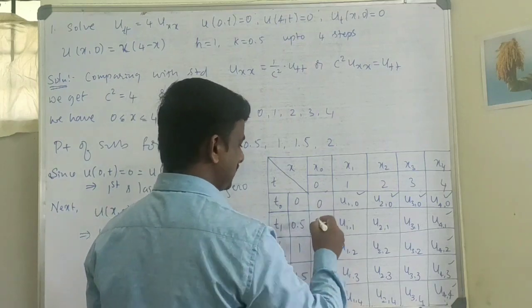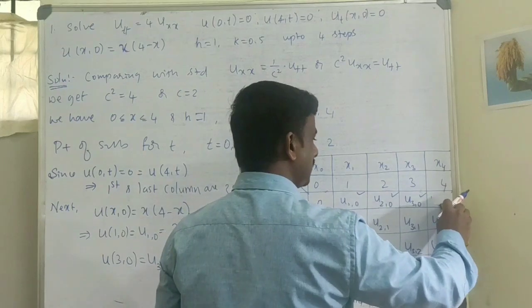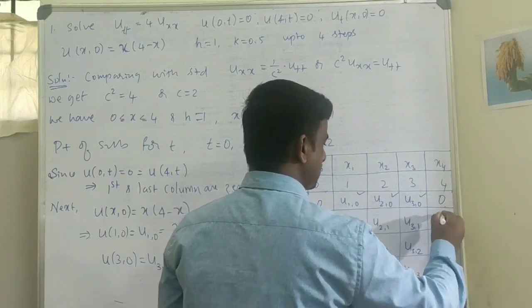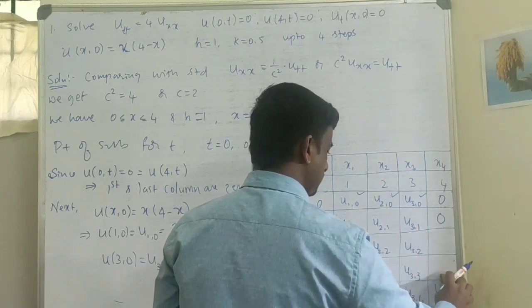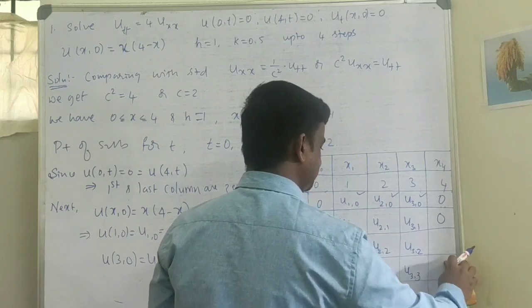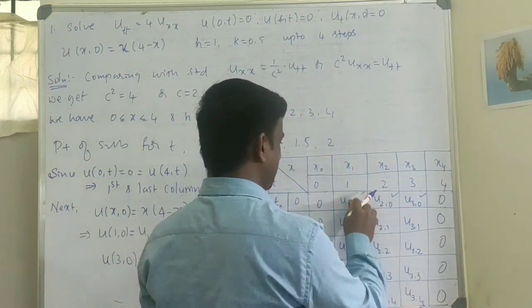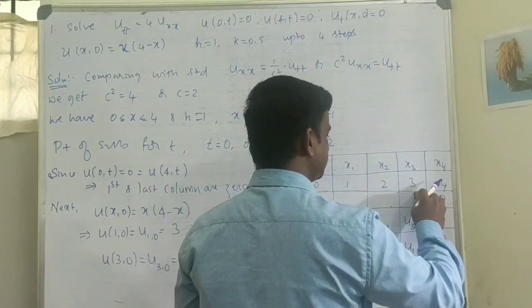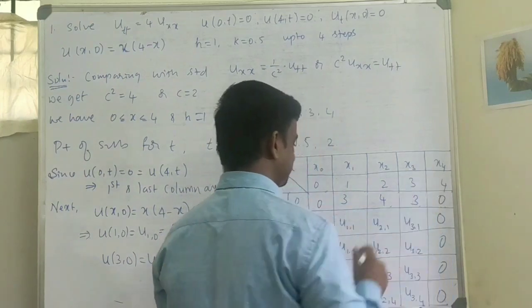So these are all 0, and this one we have computed: it is 3, 4, 3.